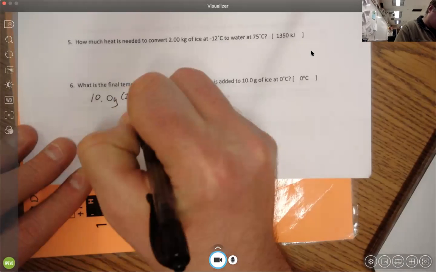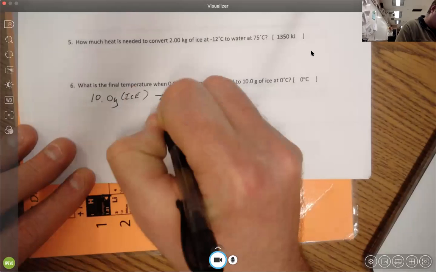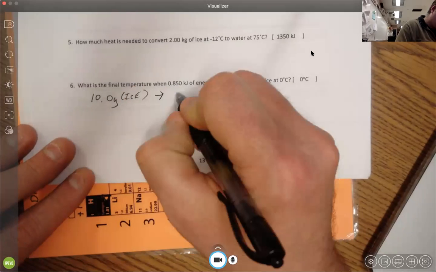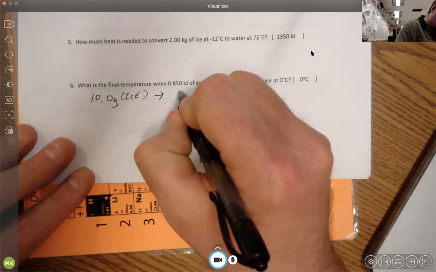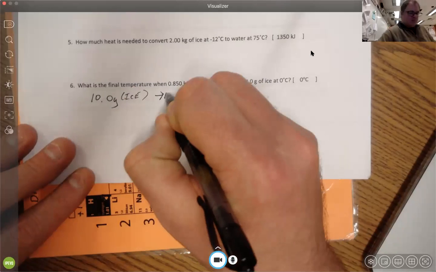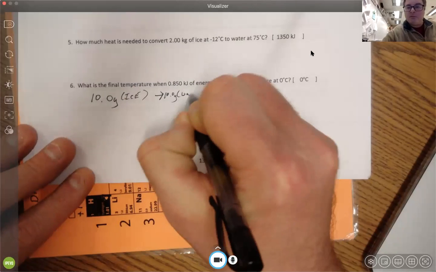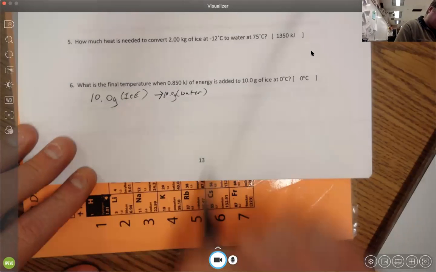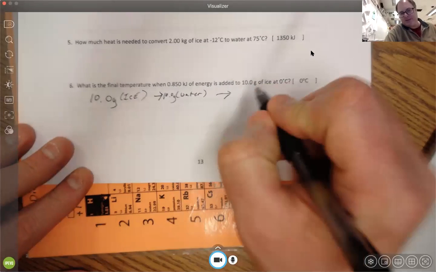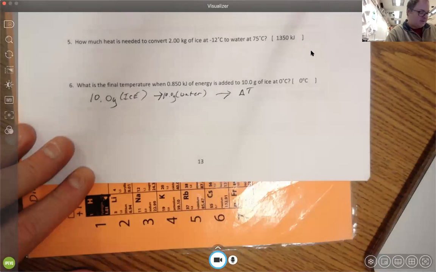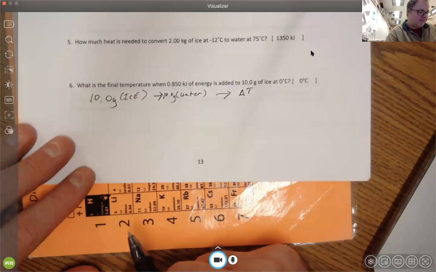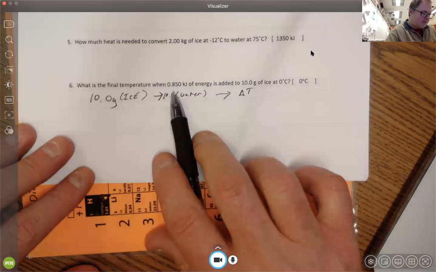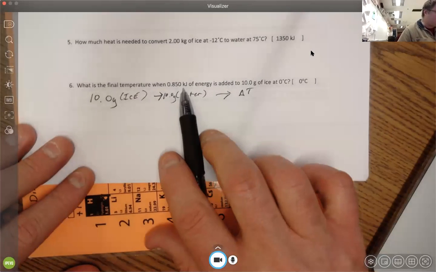We need to turn that to water, because it's at 0 degrees. And then we want to figure out what type of change of temperature we can get. The first thing we need to do is make sure that 0.850 kilojoules can melt 10 grams of ice.